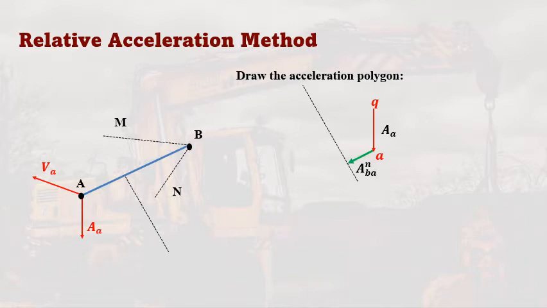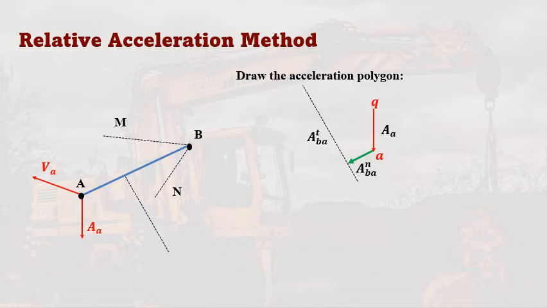And then for the tangential component, we know that it is tangent to the link. So you can see here the link is AB. So the tangential component of the link AB must be tangent to that. So that's why we draw here a line that is parallel to that tangent line from the head of the ABA normal.